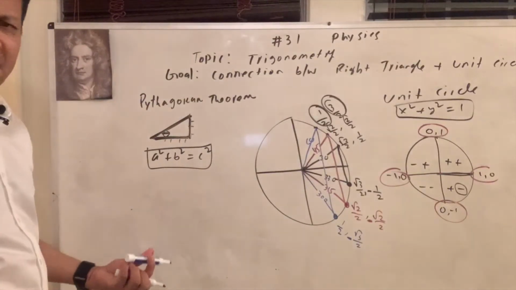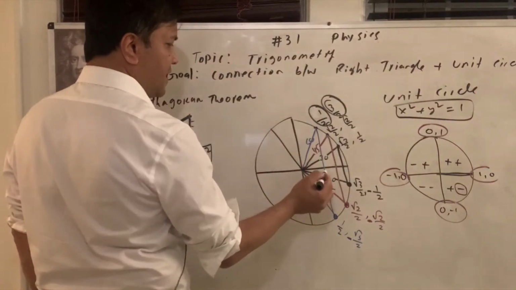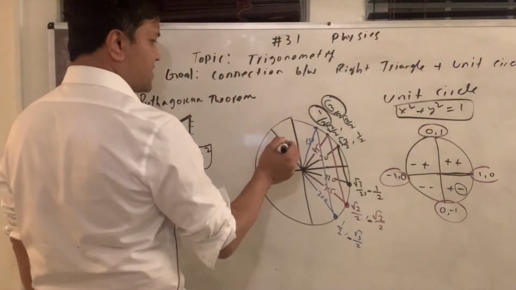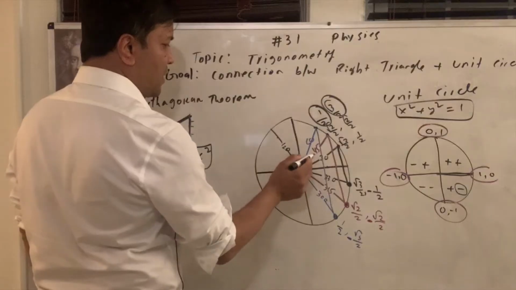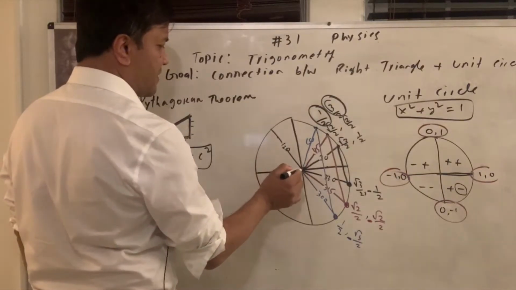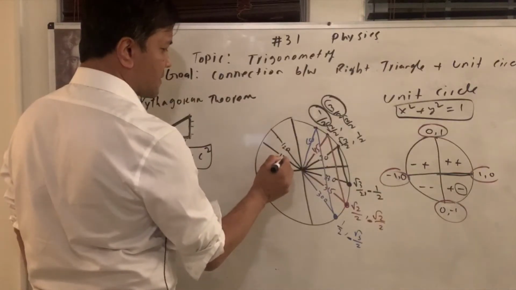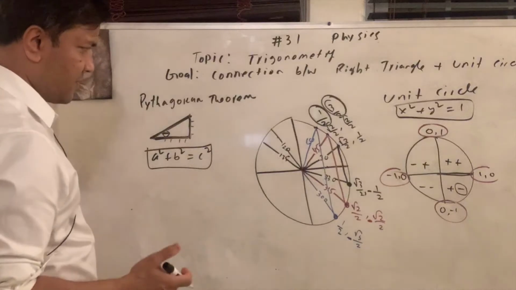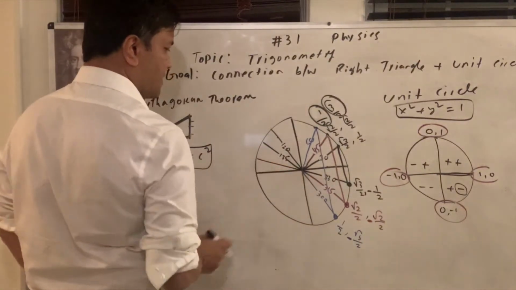This is pretty cool, you see. If this increases by 30 degrees, this one has to increase by 30 degrees. If this one is 90, this one must be 120. This one increased by 15, so this one increased by 15, so 135. From here to here increases by 15, so I'm going to increase by 15 again.